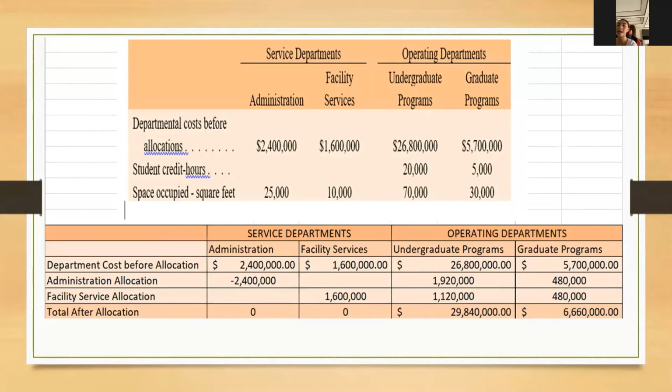For example, the undergraduate programs and graduate programs po, $1,920,000 plus 480,000 yung inallocate natin sa administration, which is equally total. And yung sa facility services also, $1,120,000 para sa undergraduate programs and $480,000 sa graduate programs, which total $1,600,000 po. So next po, Sir Ivan.